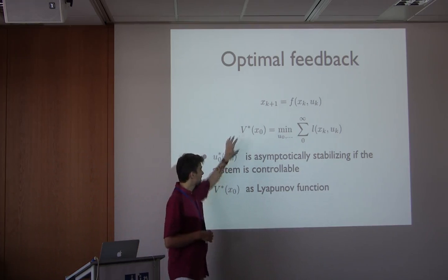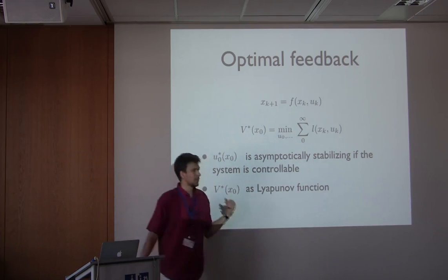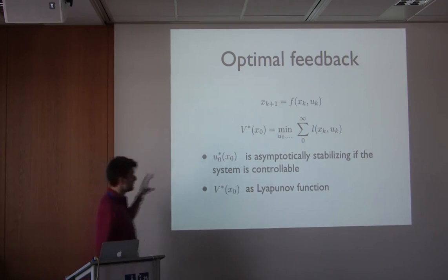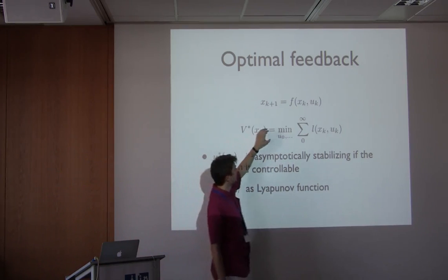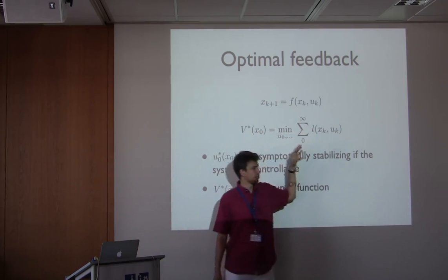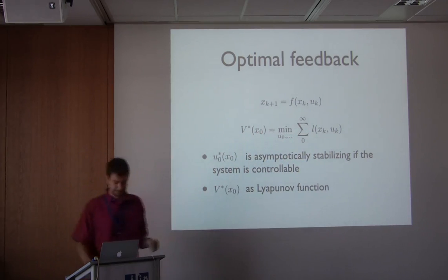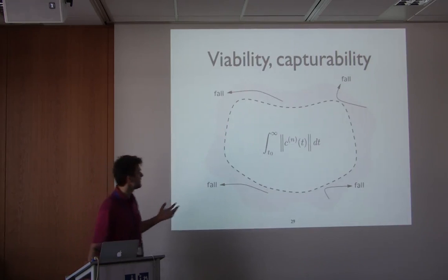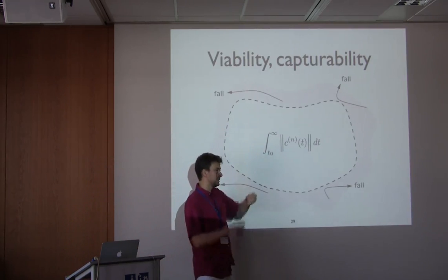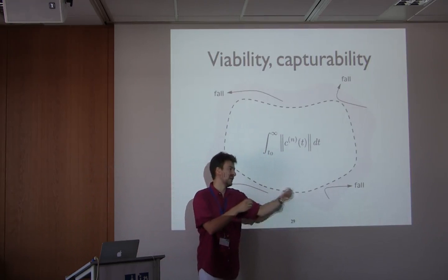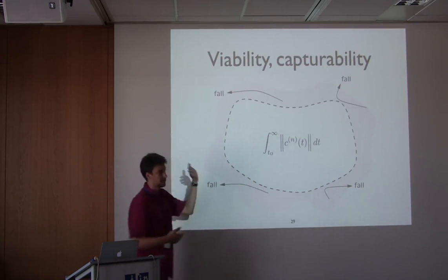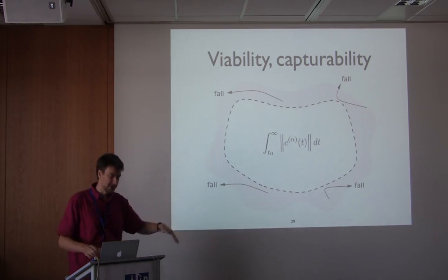then this function that you want to minimize can be used as a Lyapunov function. I'm not going to speak more about Lyapunov functions, but basically what that means is that this integral is going to decrease with time, which can look a bit obvious. If you have this integral starting at the time t0 and then starting at the next time, of course the amount of time for the integral is reduced, so this integral is going to decrease.